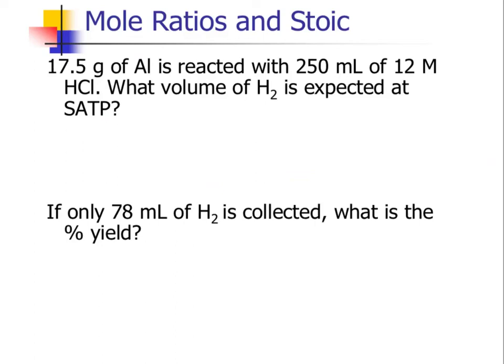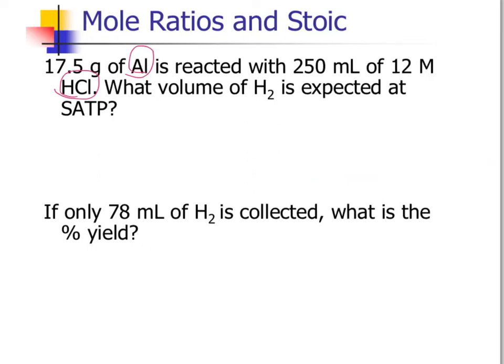Here's an example where it doesn't tell us what the limiting reactant is, and we need to find it on our own mathematically. So let's start by writing a balanced chemical equation. We need to react aluminum with hydrochloric acid. Now let's get a little bit more space.